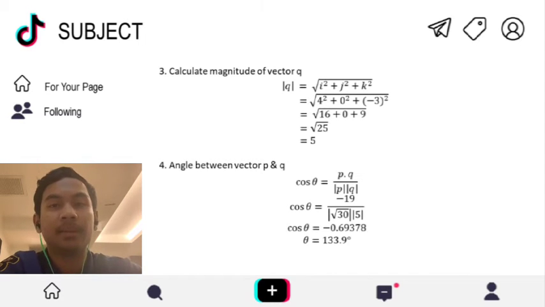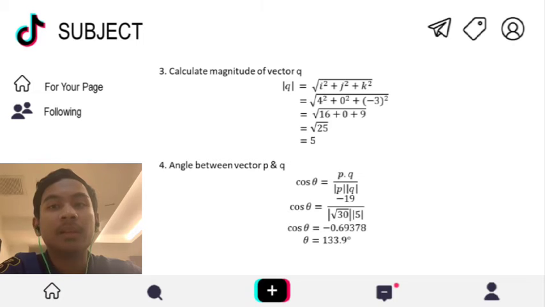The last step is the angle between vectors P and Q. Cos theta equals P dot Q divided by the magnitude of P times the magnitude of Q. So after that, cos theta equals -19 divided by root 30 times 5.